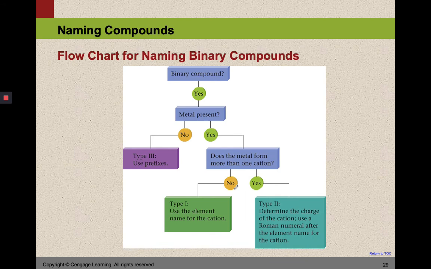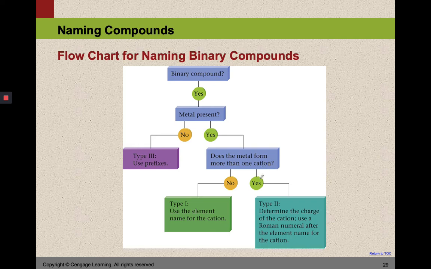Here is a flowchart to help you have a systematic way of thinking. If you see a compound, you ask whether it is a binary compound, yes or no. How do you know if it's binary? If it is made up of two kinds of atoms. Then you ask, is a metal present? If yes, does the metal form more than one cation?